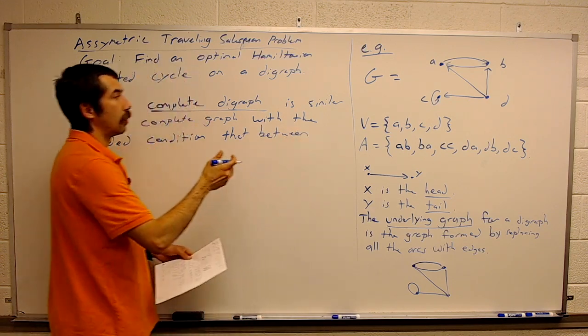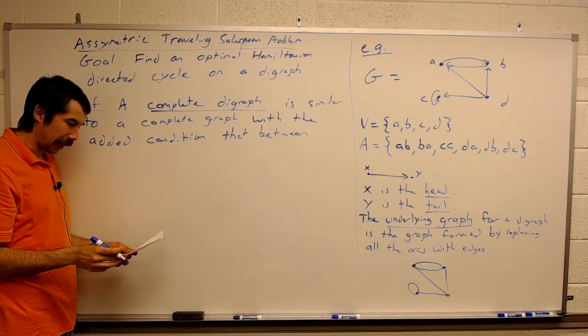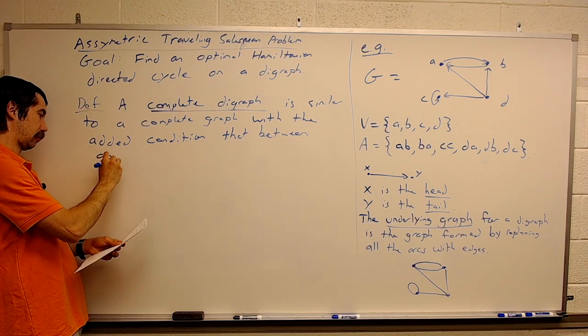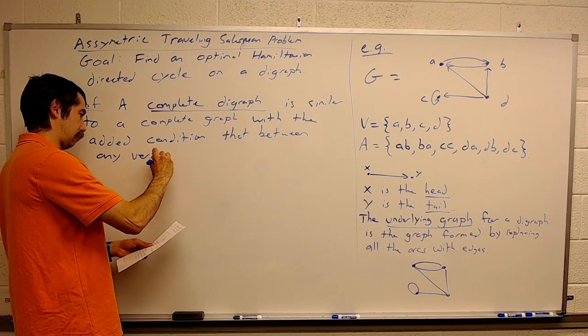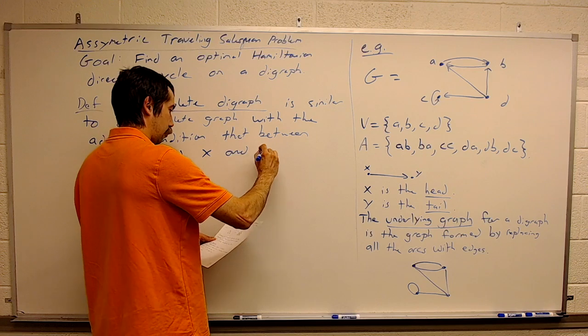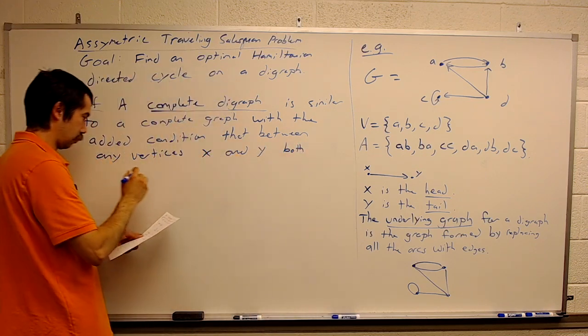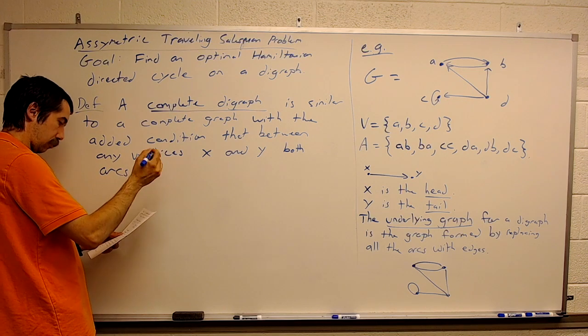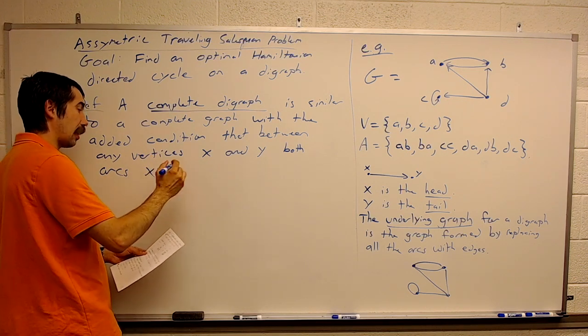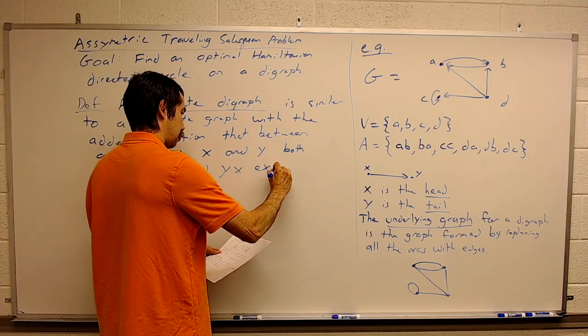So it's similar to the complete graph, but with the added condition that between any vertices x and y, both arcs xy and yx exist.